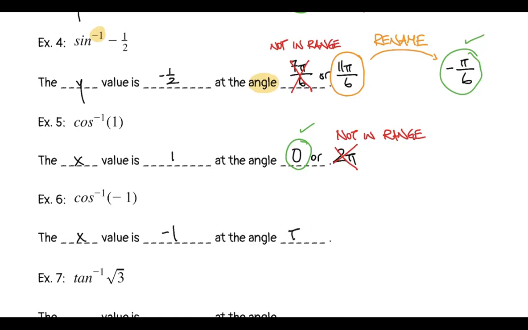We have pi or -pi. Which one of those is not in the range? Yeah, not in range, but 0 all the way to pi is the range for inverse cosine. So we have our pi as our answer. Okay.